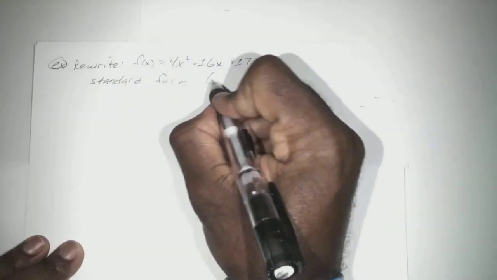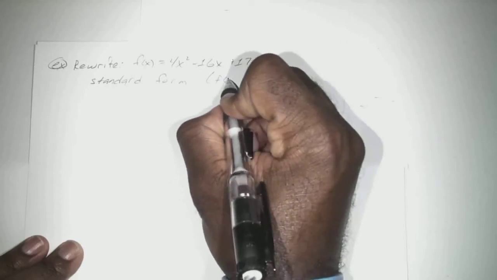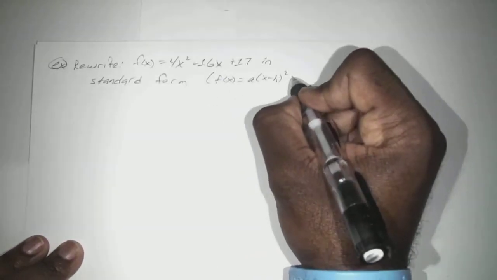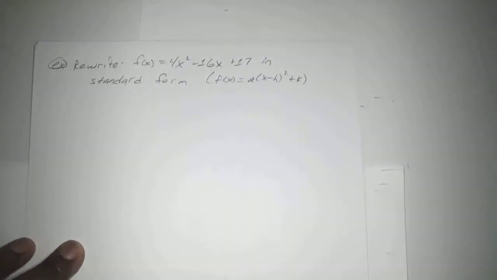Now remember, standard form is just f of x equals a times x minus h squared plus k. Do we do it by finding the vertex first? You can. There's a couple of different ways to do it. So you can find the vertex, but once you find the vertex, if it's a fraction and you're plugging a fraction into that one, it can get a little bit tricky.